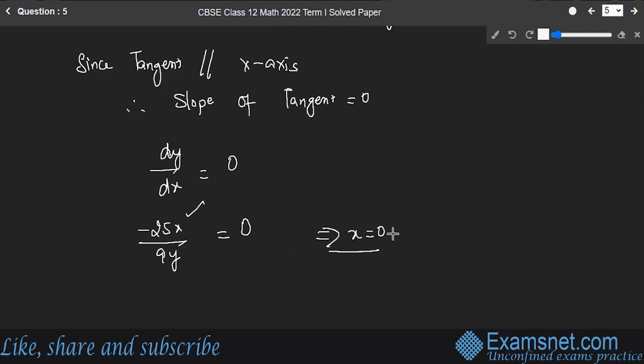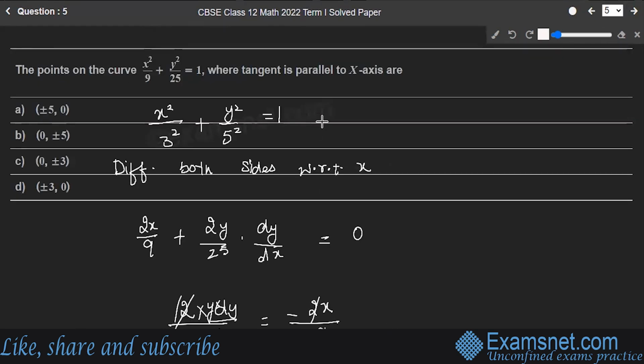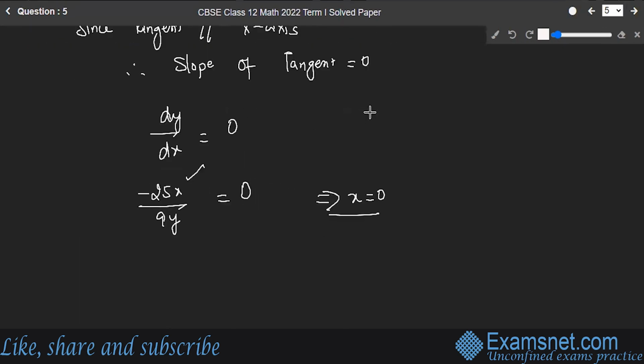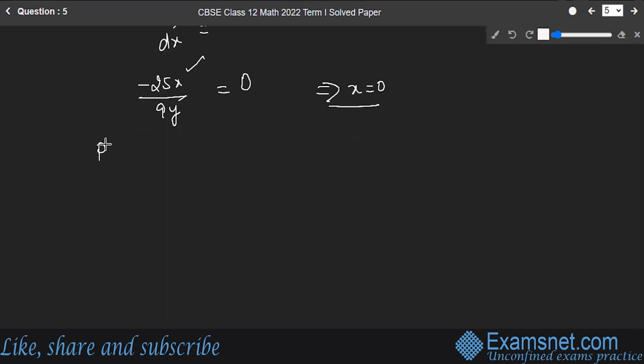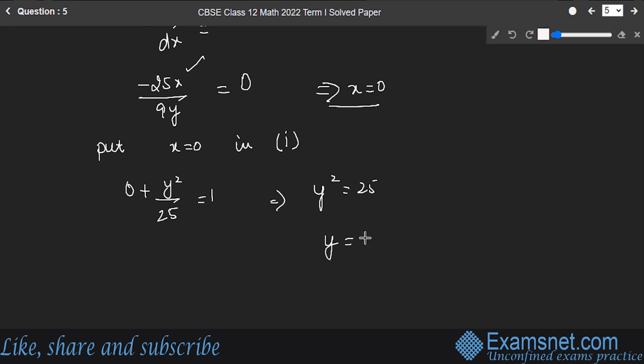Okay. Now, if x is equal to 0, I put that in this equation 1. What you will get is 0 plus y square upon 25 is equal to 1, or y square is equal to 25, y will be equal to plus minus 5.